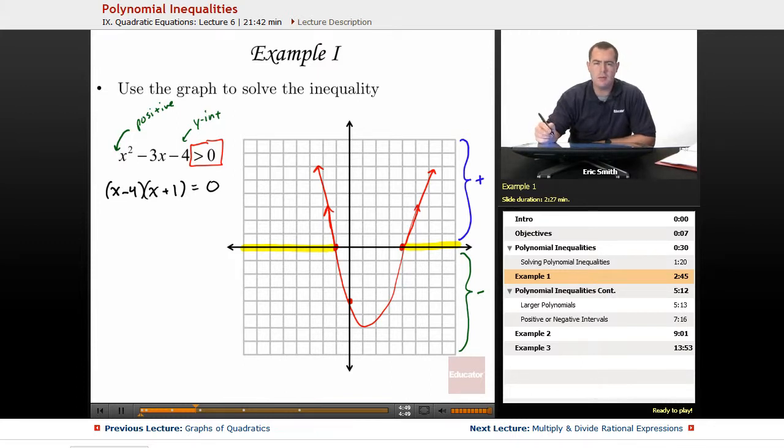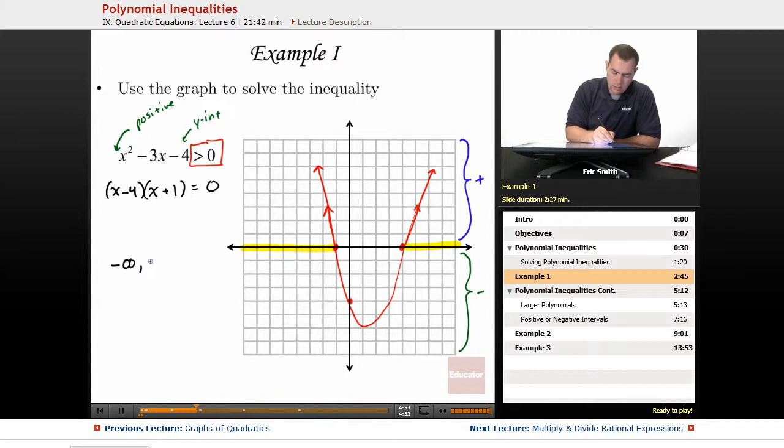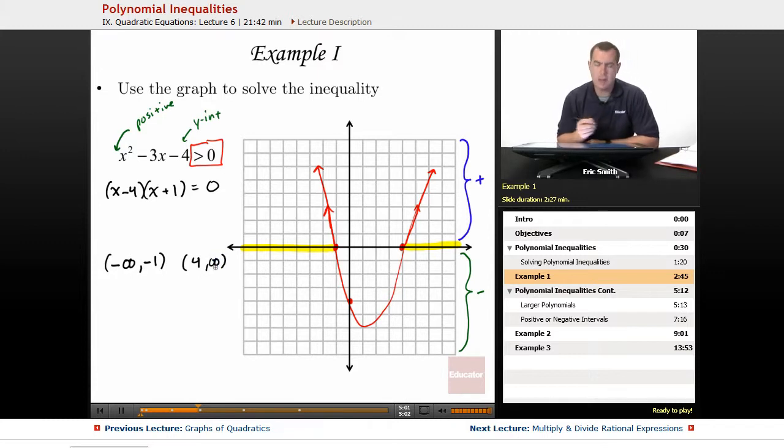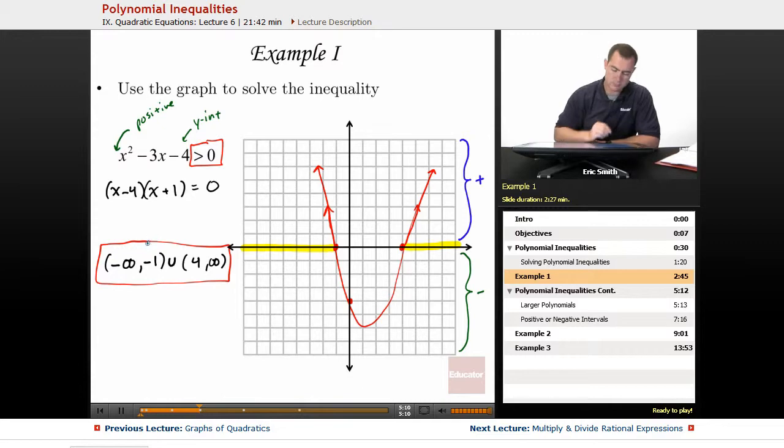So we'll take those intervals as our solution: from negative infinity up to negative 1, and from 4 up to infinity. So that really grabs both of those intervals. We'll use our little union symbol in between to show that it could be in either one of those. Not bad.